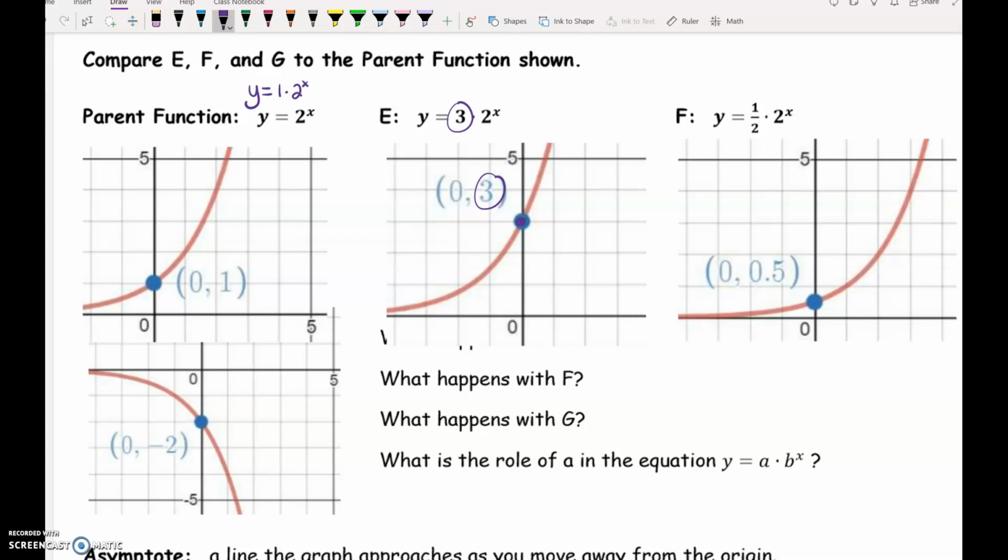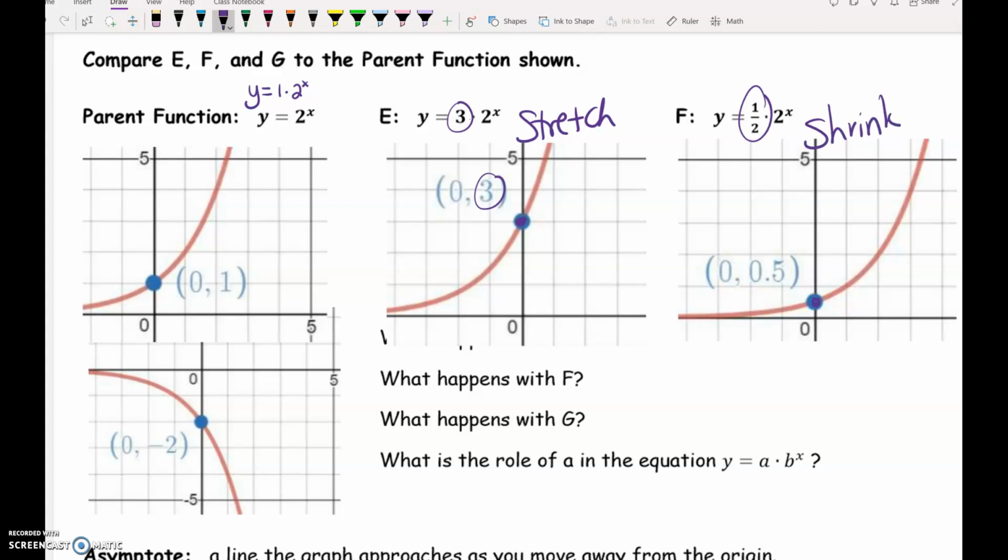This one is 3 times 2 to the x, and it crosses the y-axis at 3. That is called a stretch. The next one is 1/2 times 2 to the x. It crosses the y-axis at 1/2. That is a vertical shrink.